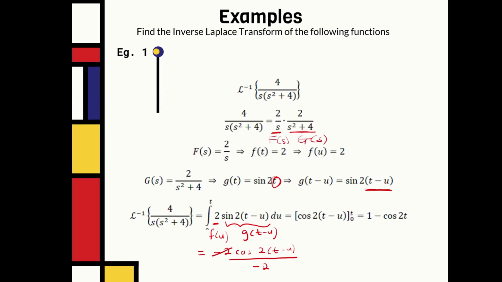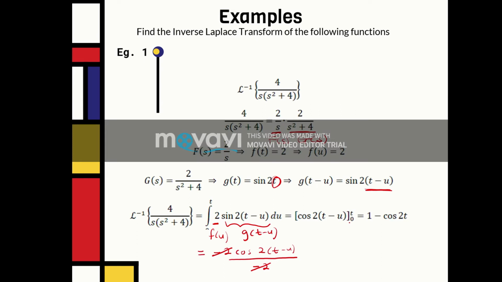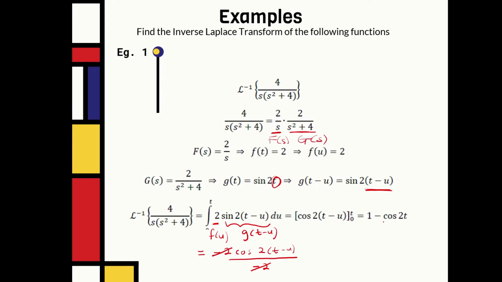You can simply cancel out the minus 2, therefore you get cos 2(t minus u). Then just substitute the limit. When you substitute u equals t, t minus t is 0, so cos 0 is 1, then minus, you substitute u equals 0, and you get cos 2t. So this is the final answer.